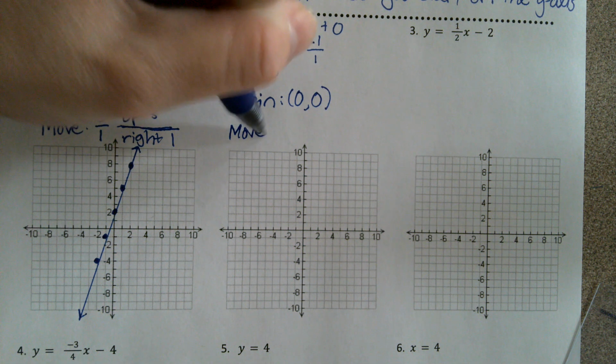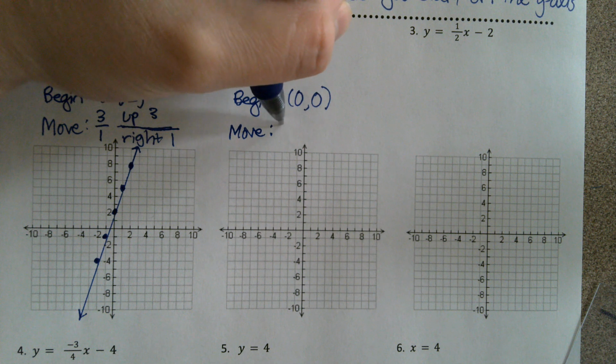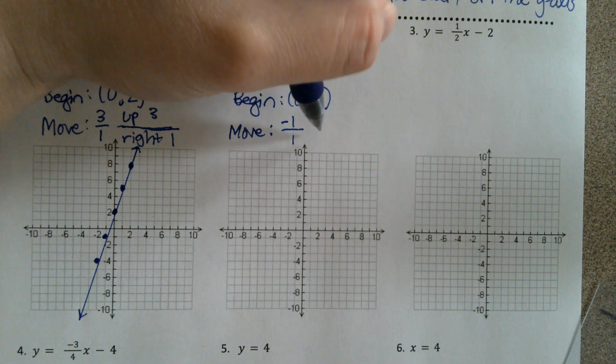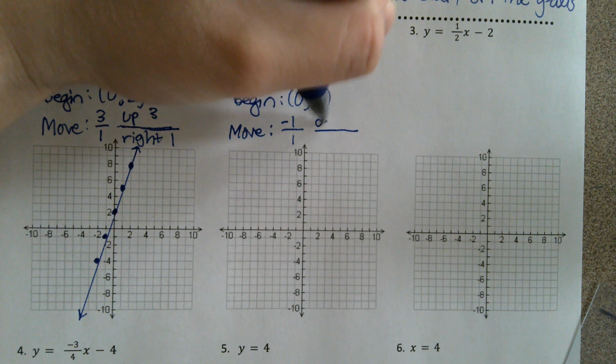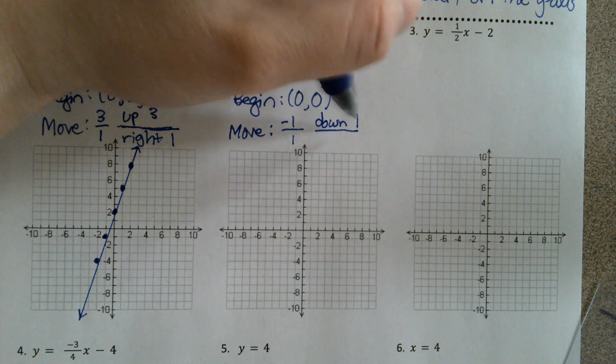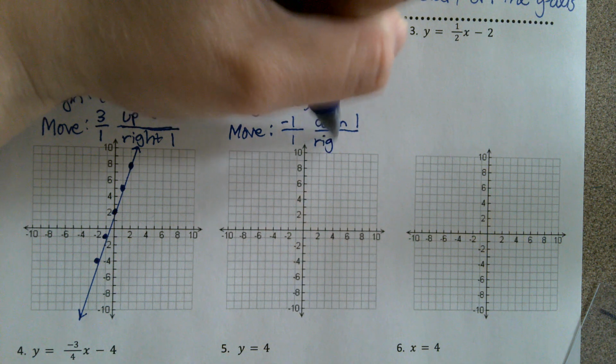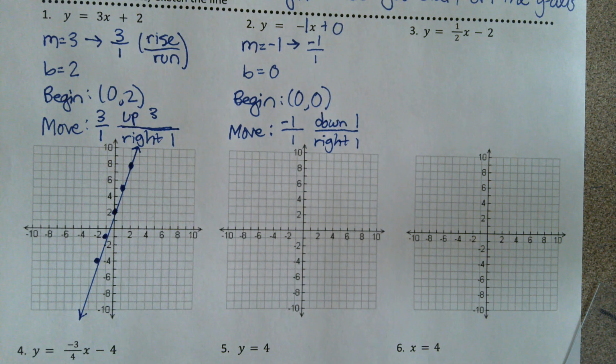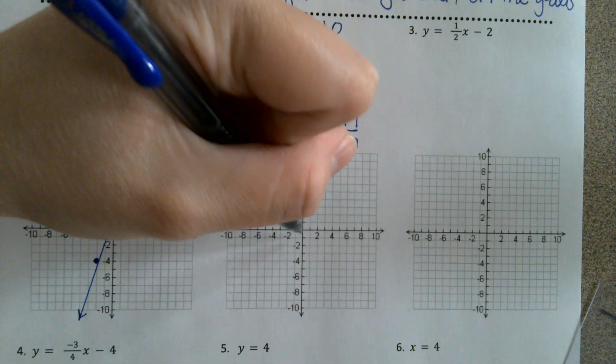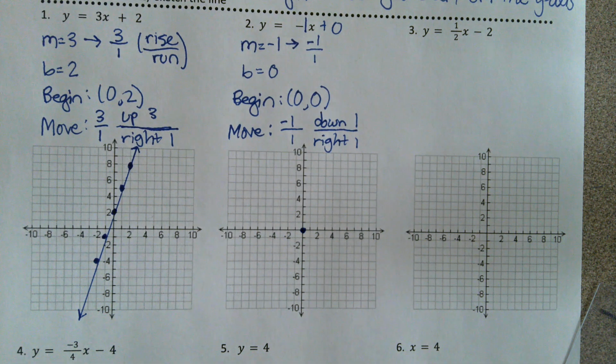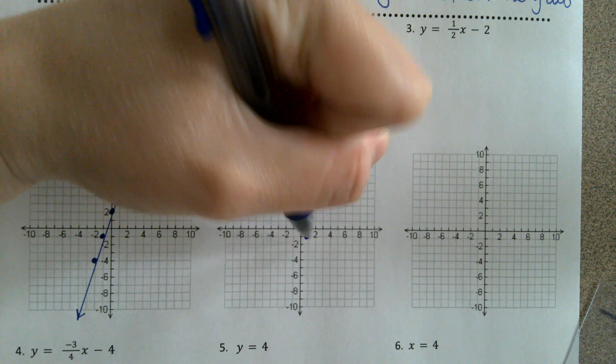And then we move according to our slope, negative 1 over 1. So that's going to be down 1 and right 1. So we start at 0, 0. That's our first point. And then down 1, right 1.